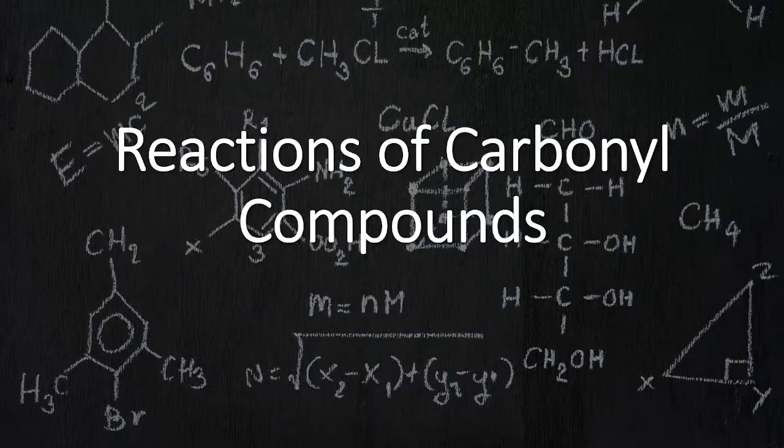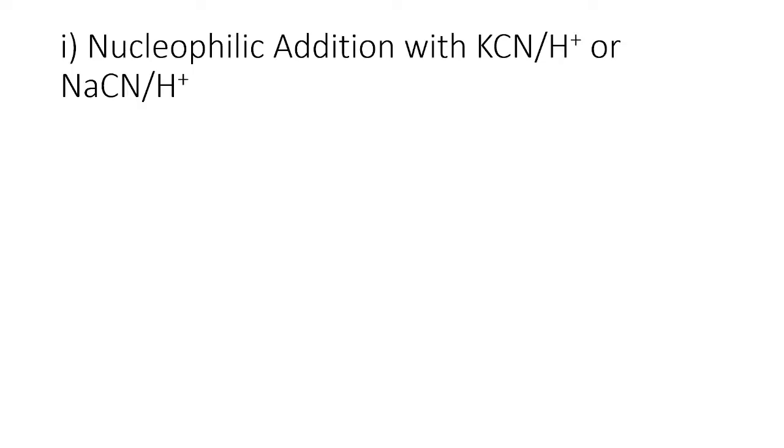Now, what are the reactions that can occur to a carbonyl compound according to nucleophilic addition reaction? We can see here the reaction with KCN plus H plus, or NaCN H plus.